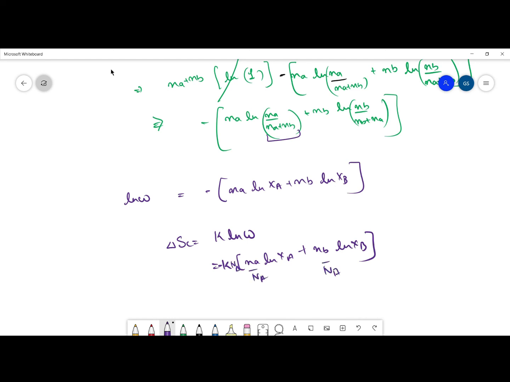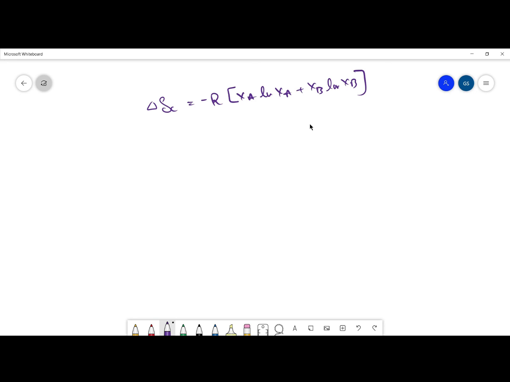So we'll get K times Na, which we know is nothing but our gas constant. It will become minus R, Na by capital Na, or you can say our Avogadro number, so Nb will become Xa ln Xa plus Xb ln Xb. Now we have got the final configurational entropy term as minus R, Xa ln Xa plus Xb ln Xb.